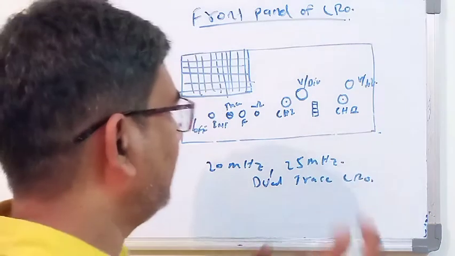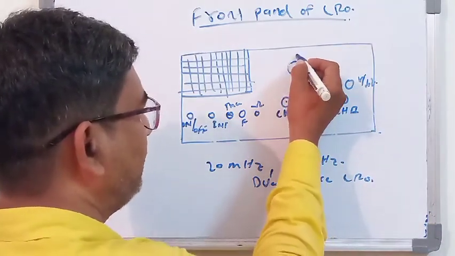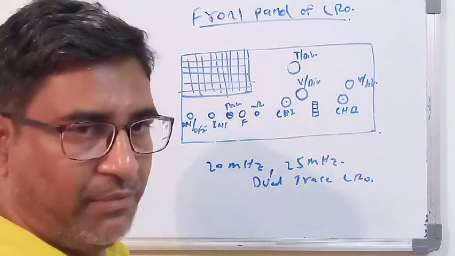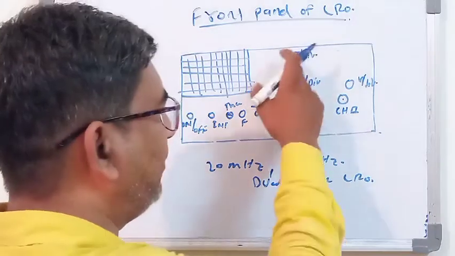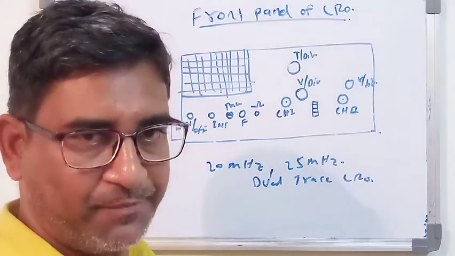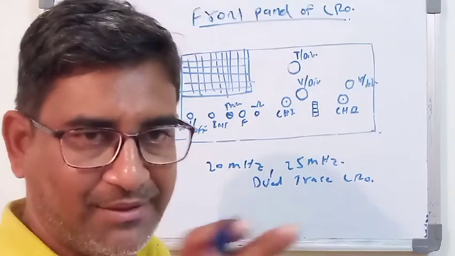So here there is a separate block that gives you the time per division knob. We will not say button, you may say knob. The time per division knob and the volts per division knob are the different knobs which are present. The time per division is used for measuring the x-axis.